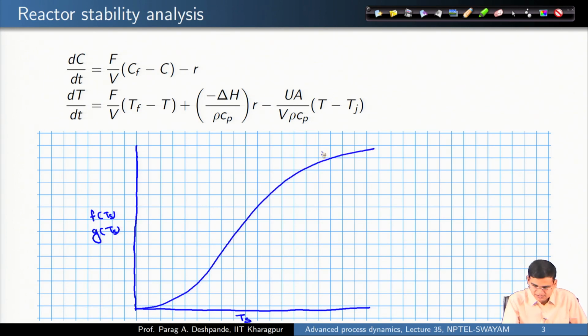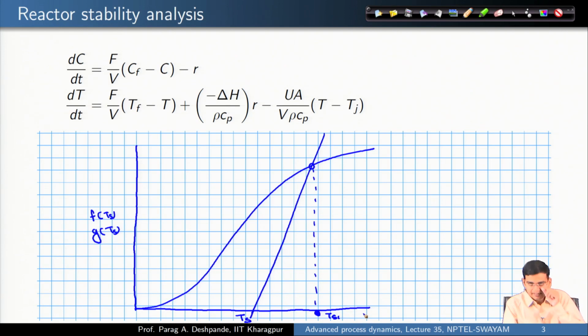In one case you had one intersection point which is like this, and therefore, you have a unique steady state. And what is the importance of this unique steady state? T steady state 1.